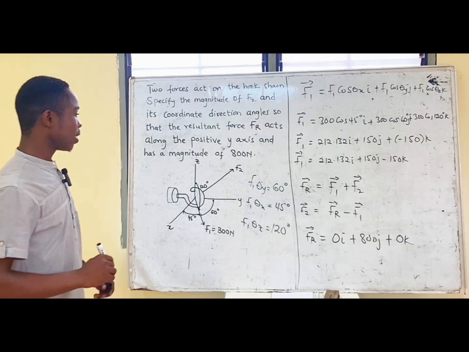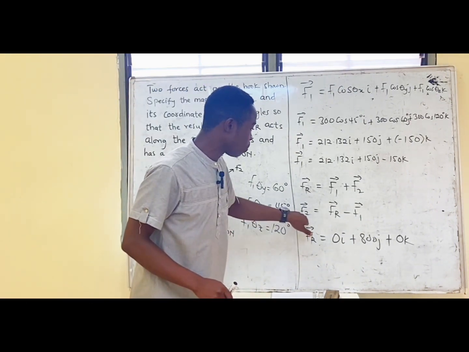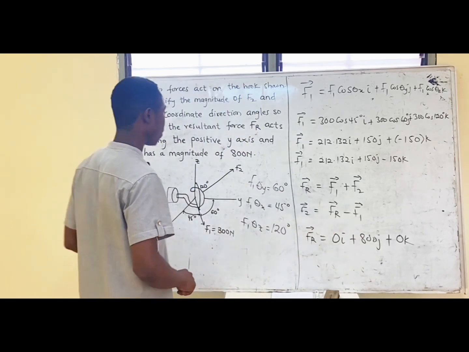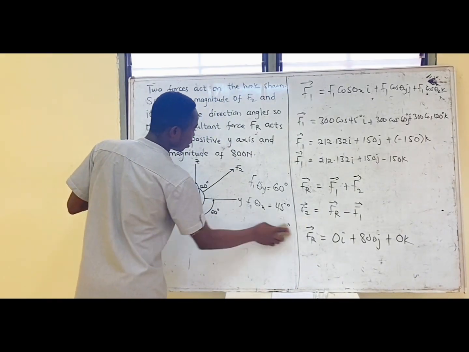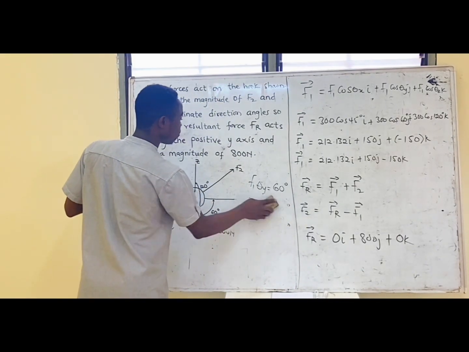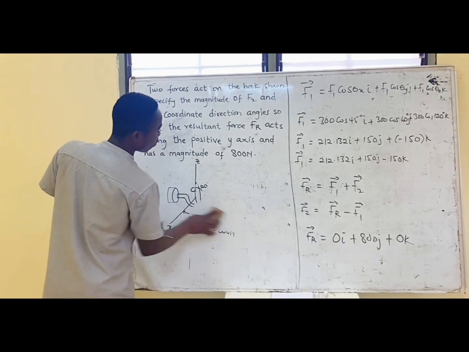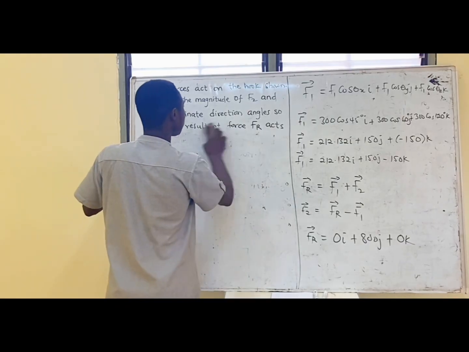Very good. Now, we come back to our equation that F2 bar equals FR bar minus F1 bar. So we just have to do our subtraction. Please follow suit to get a better and clearer understanding of whatever we are doing here.